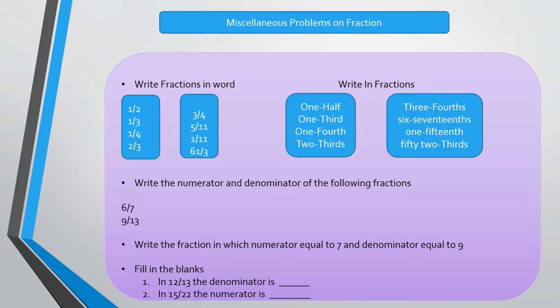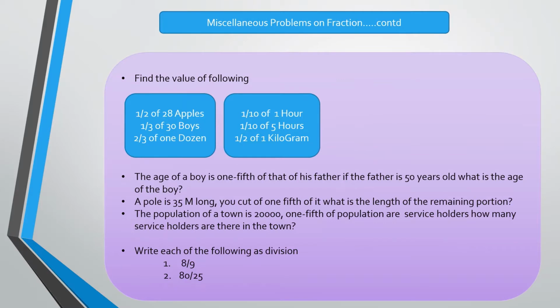We'll learn how to write fractions in words and how to change words into fractions. We'll also try to identify what exactly the numerator and denominator are, and then find a particular denominator or numerator of a given fraction.